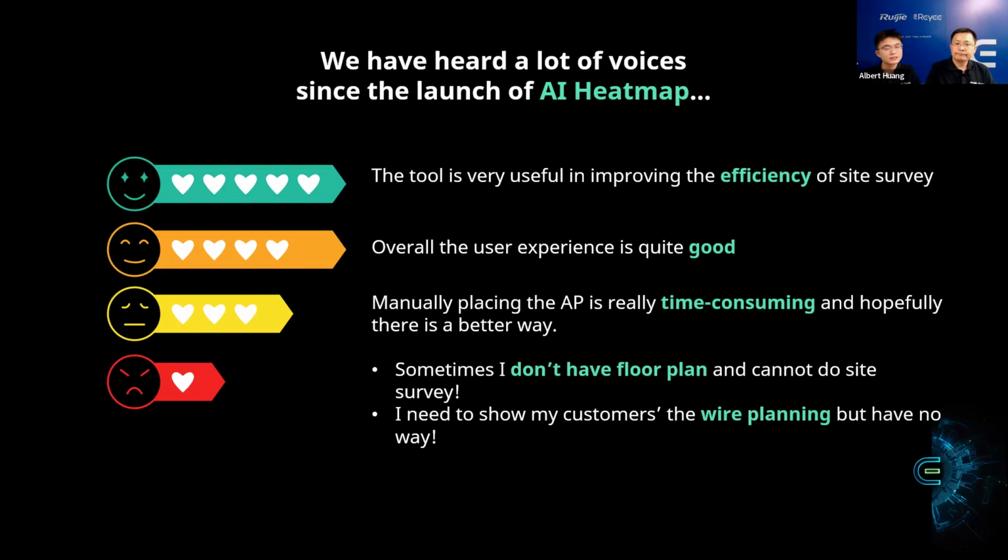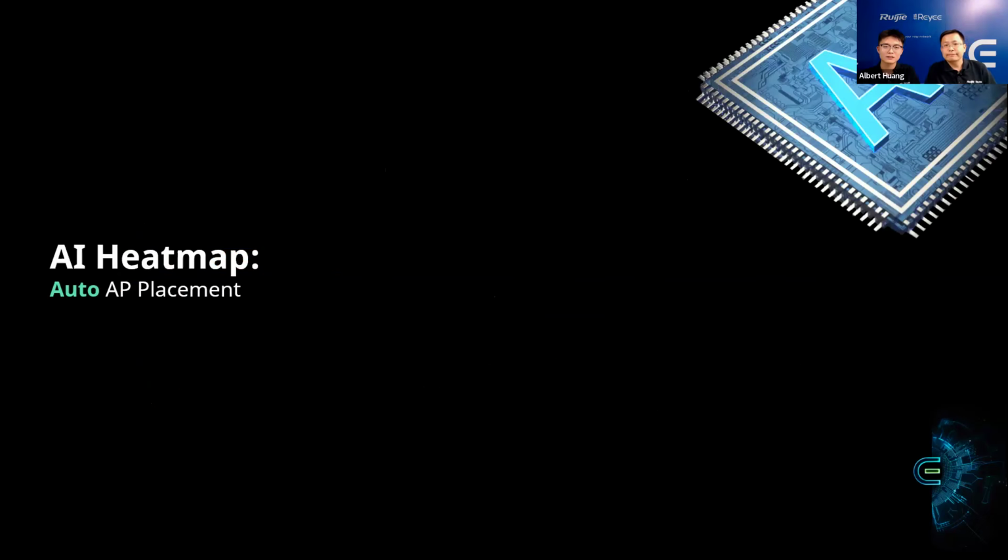That would be great, but I believe there are still many of our customers who have no idea about our improvement of future planning. So why don't we present a full introduction of all these functions to our customers? Sure, why not? So first of all, let's have a look at what we have improved in AI Heatmap in the previous version of 8.1.